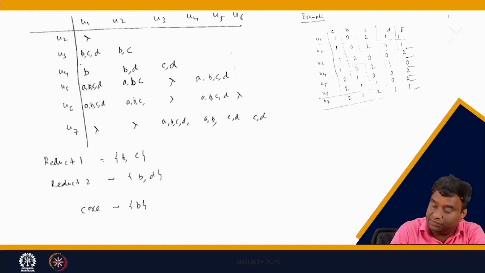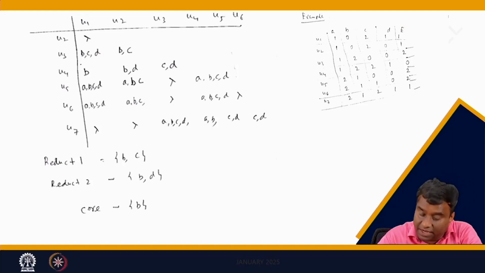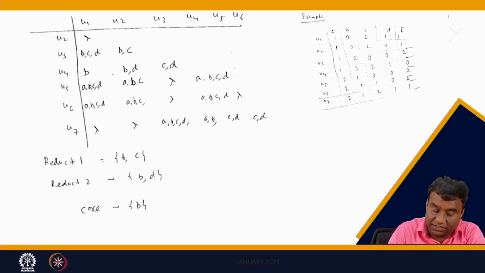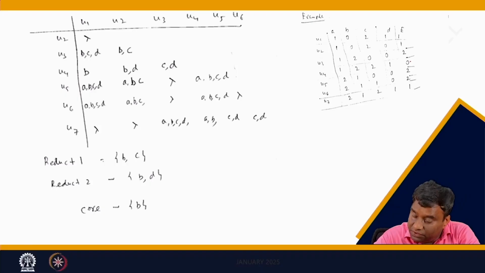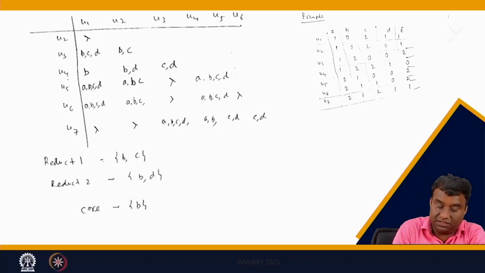So here it is B, C, D. Compare u3 and u2: A is same and B, C are different, so it is B comma C. Compare u4 and u1: A is same, only B is different, so it is B. Compare u4 and u2, B and D are different. Compare u4 and u3, C and D are different.